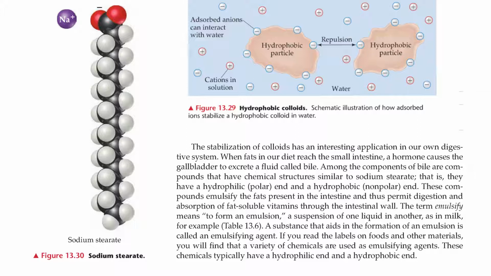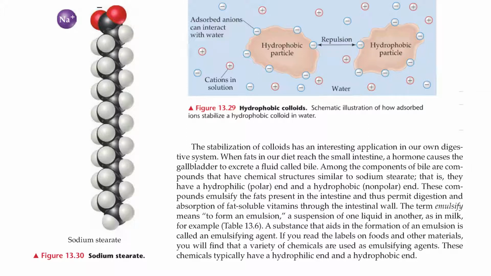The stabilization of colloids has an interesting application in our own digestive system. When fats in our diets reach the small intestine, a hormone causes the gallbladder to excrete a fluid called bile. Among the components of bile are compounds that have chemical structures similar to sodium stearate. That is, they have a hydrophilic polar end and a hydrophobic nonpolar end. These compounds emulsify the fats present in the intestines and thus permit digestion and absorption of fat-soluble vitamins through the intestinal wall.